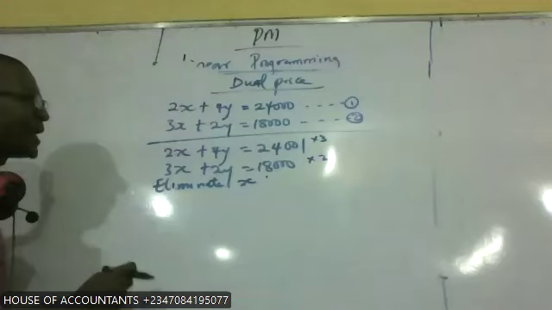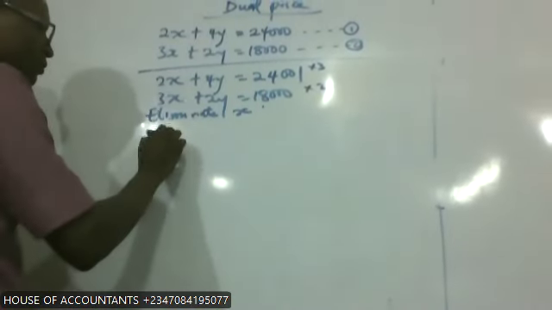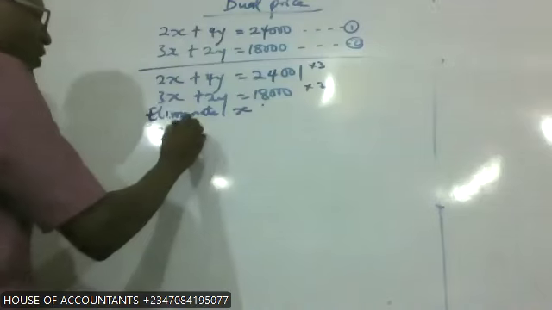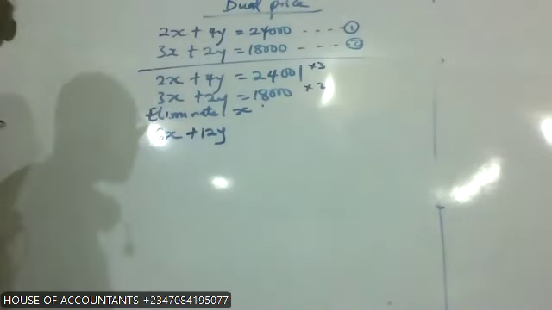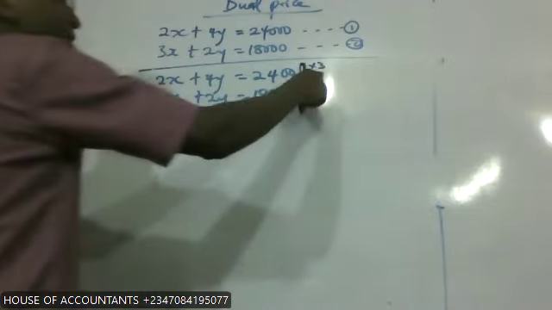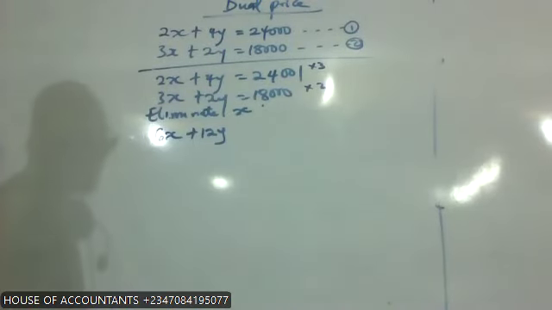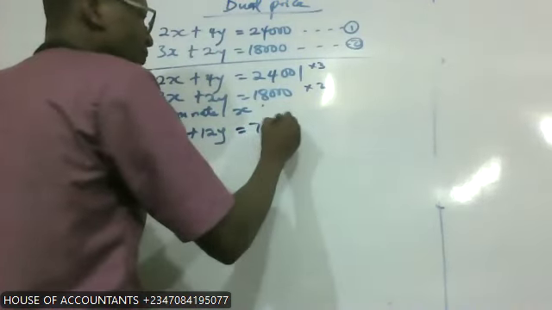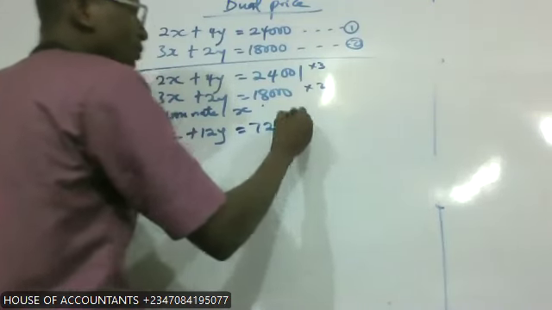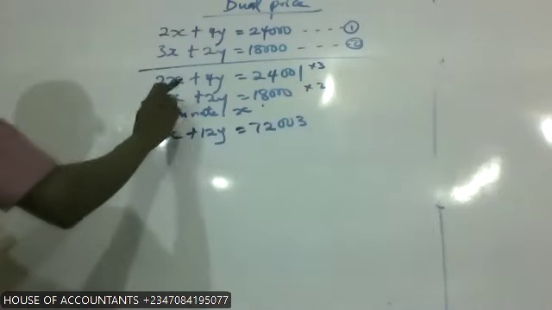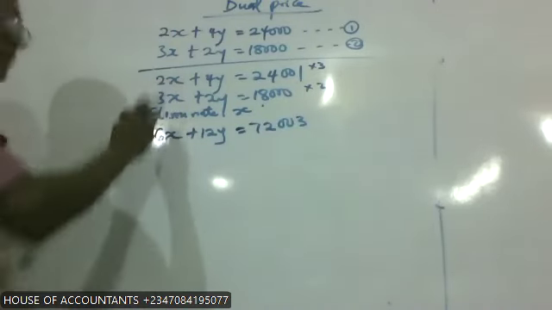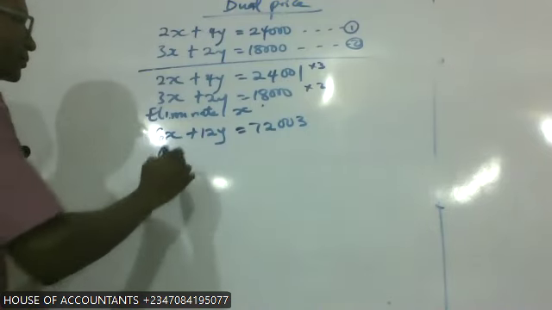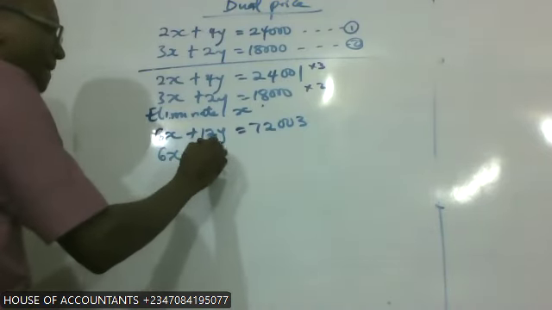So 3 times this gives 6x. 3 times this gives what? Yes or no? Yes. I will multiply this by 2, I mean 6x, plus 4y.